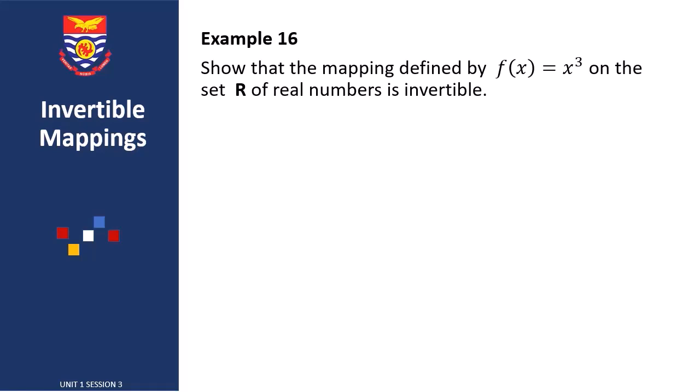Now suppose that x1, x2 are both members of R. Then, to show that f is 1 to 1, suppose x1 cube equals x2 cube.